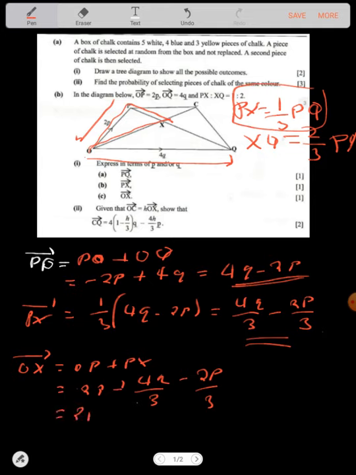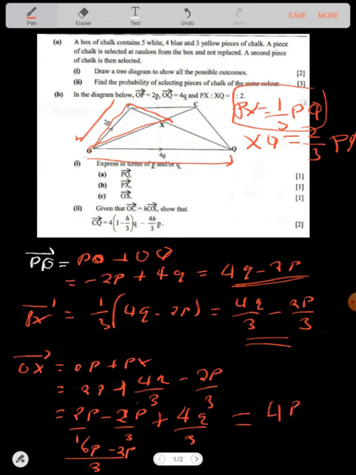So we have 2P minus 2P over 3, plus 4Q over 3. Here you find the common denominator, which is 3. 2 into 3, you get 6P. Here you get 2P. So 6P minus 2P, you get 4P over 3, plus 4Q over 3. So this is what we call OX.